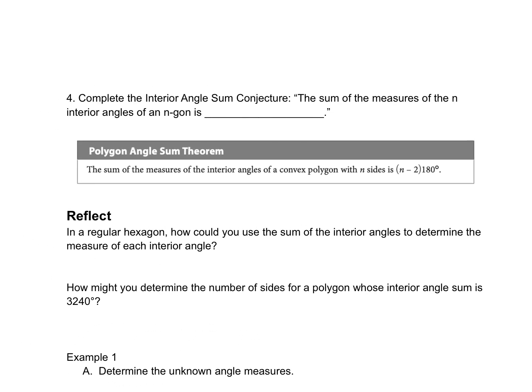The sum of the measures of the n interior angles of an n-gon is 180 times n minus 2. The polygon angle sum theorem is what it's called. And remember that n minus 2 is the number of triangles, and hopefully everybody knows that there's 180 degrees in each triangle.